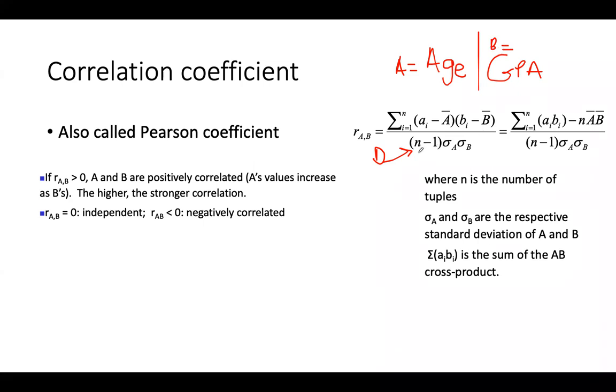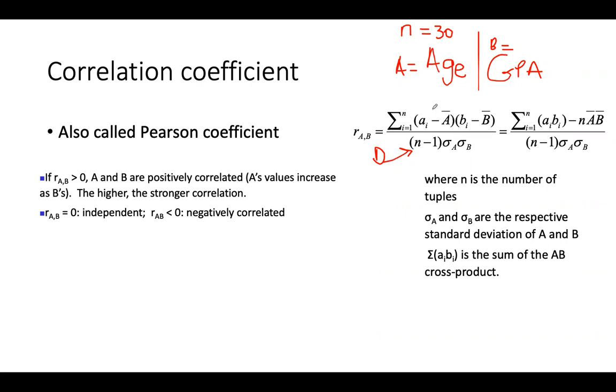And then N minus 1, where N is the number of students in our class, for example N equals 30. So you plug it in there and get the standard deviation for age and for GPA. That makes our denominator.